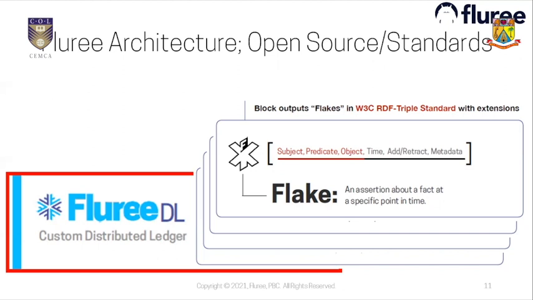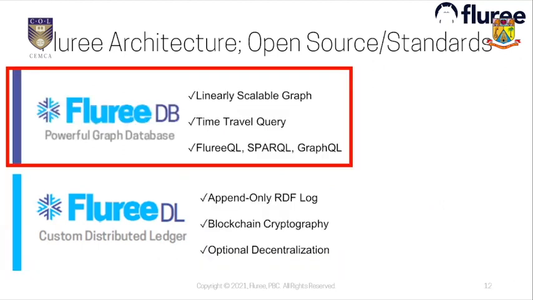Therefore, Flurry is easily interoperable with other standards-based systems. Loosely coupled with Flurry DL is Flurry DB, and this is the semantic graph database that's optimized to make the best use of the flakes, the RDF flake output from the Flurry ledger.